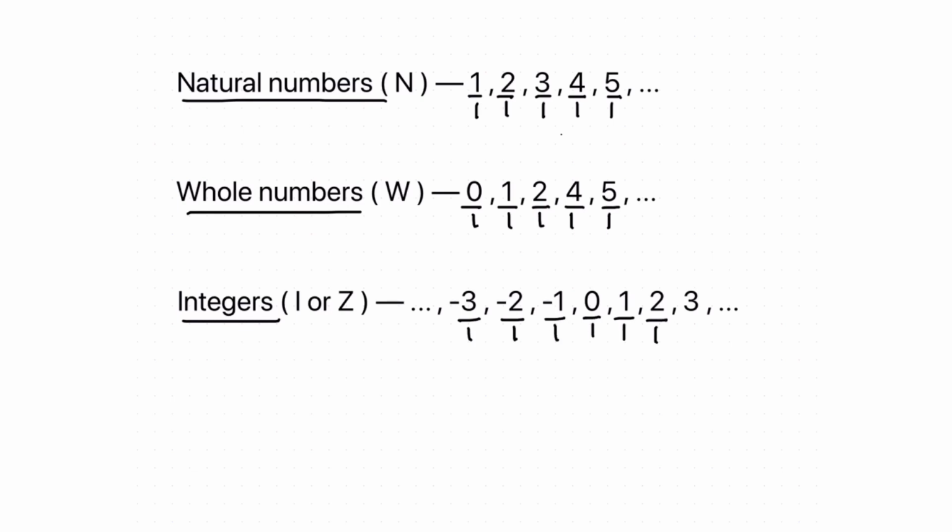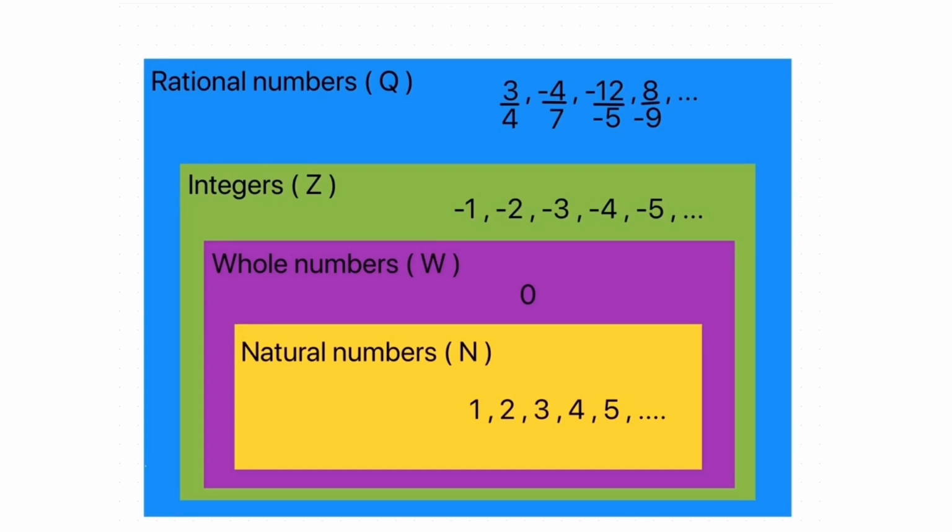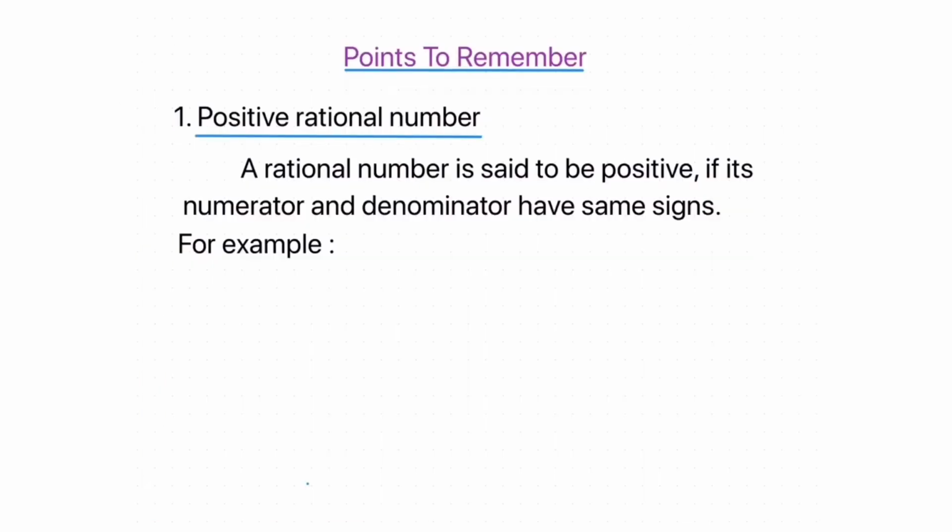In this way we can write natural numbers, whole numbers and integers in the form of p by q, where q is not equal to 0. Hence, every natural number is a rational number, every whole number is a rational number, and every integer is also a rational number.